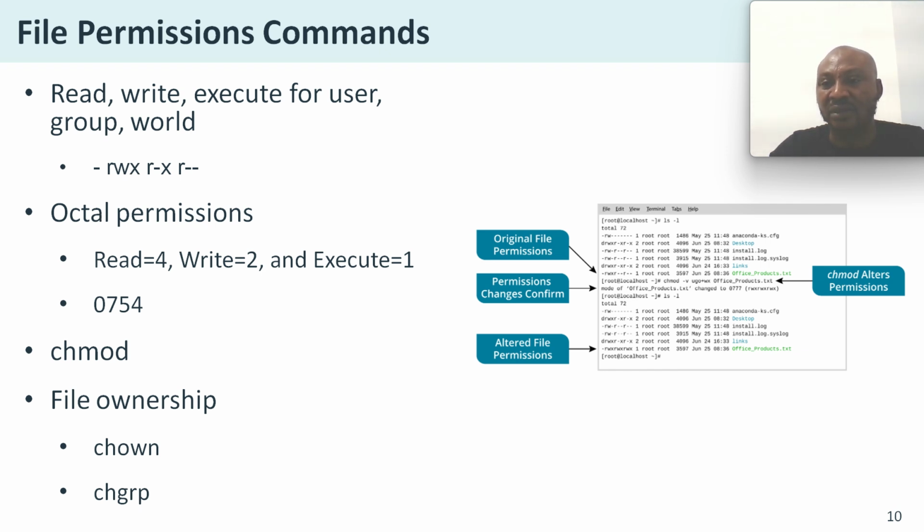If the user belongs to a group and that group has access to the file, whatever privilege the group has, you will have it too. And we also have everyone else, every other person. So these are the three roles: the user, the group, and every other person.